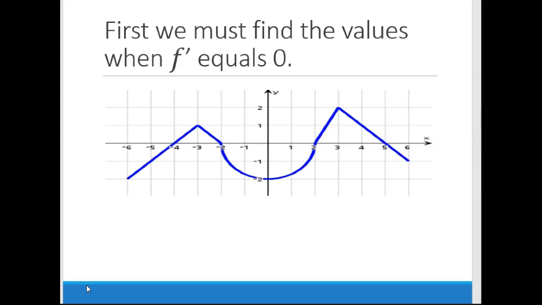Are you asking about this first question, where I say we must first find where f prime equals 0? Okay, yes. I thought you were asking me a general question. Yes, the zeros of the derivative will represent the maximums or minimums of the original.